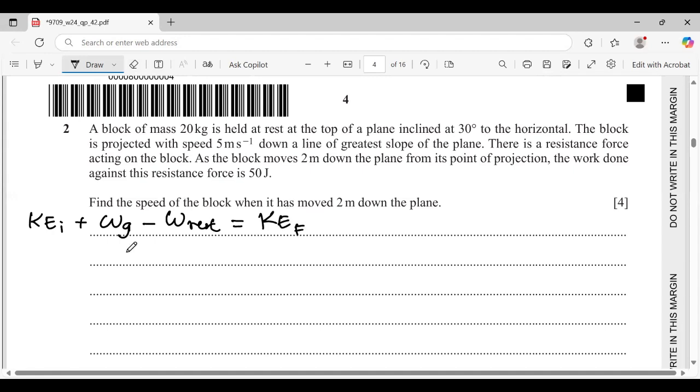Right. Now we are going to find each part.